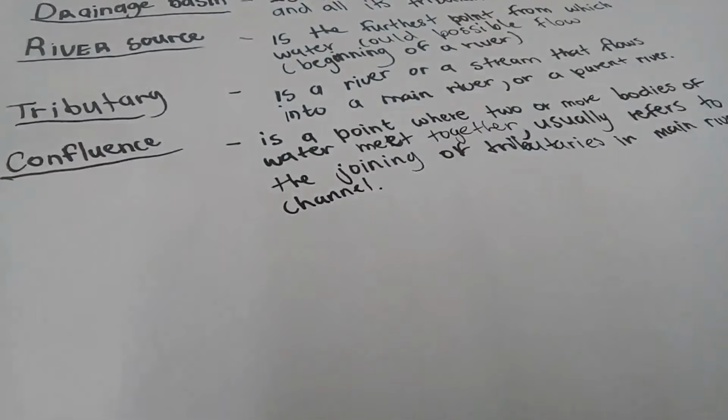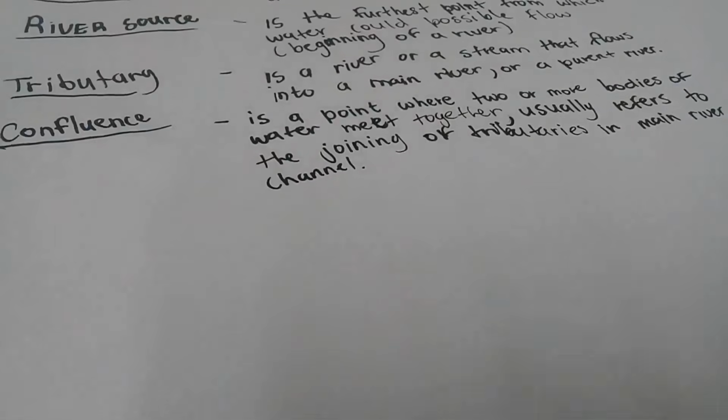So a confluence is a point where two or more bodies of water meet together, usually referring to the joining of tributaries in the main river channel.